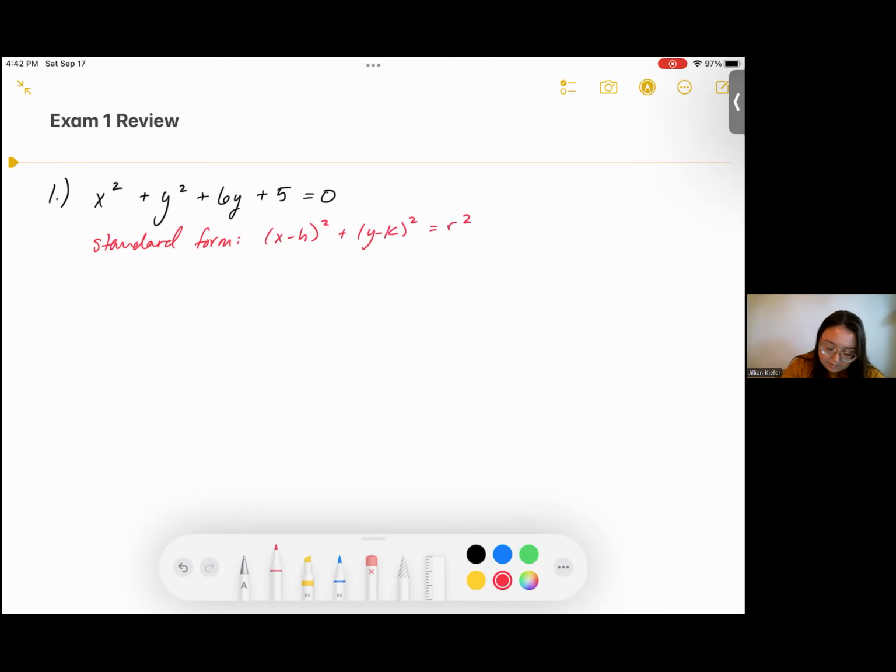This is where the center is located at (h, k), and the radius is r. So the radius is just r, the square root of whatever value we have there at the end, and our center is found at h and k.